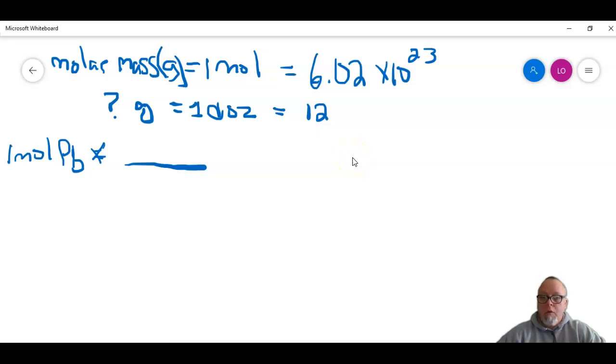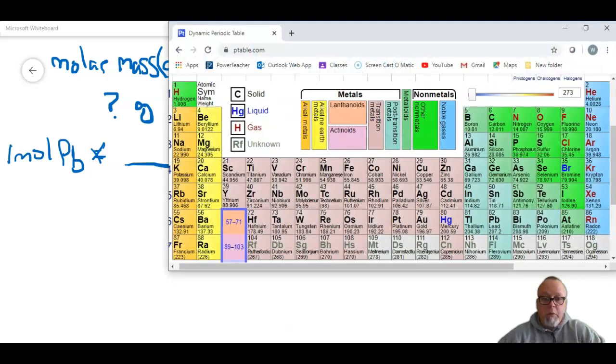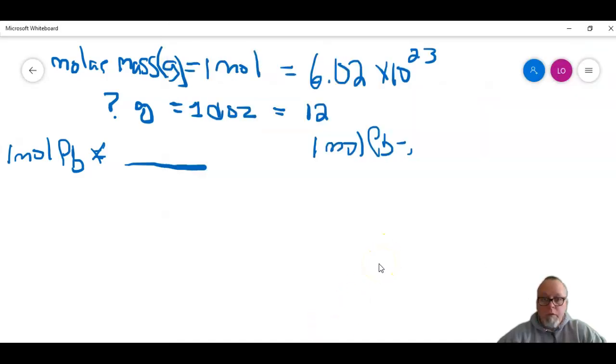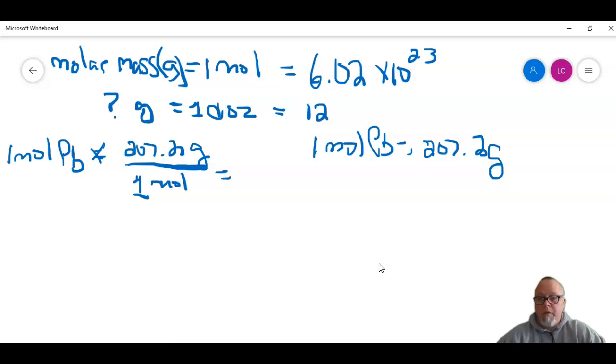So 1 mole of Pb has a molar mass of 207.2 grams. Now we want to get rid of moles, so we put mole in the denominator, and we want grams in the numerator. So 1 mole of lead has 207.2 grams.